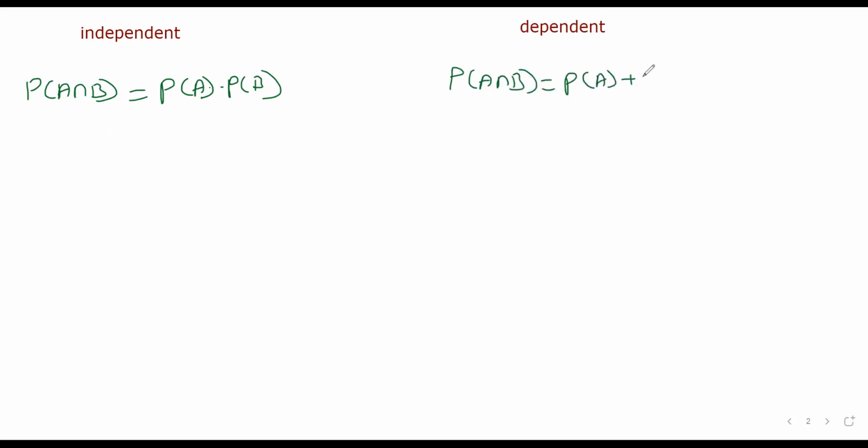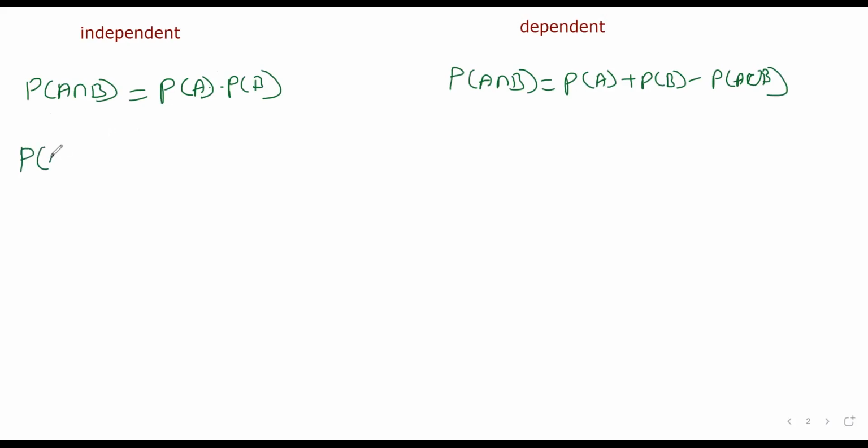Then probability of A intersection B in case of independence is probability A into probability of B. But in case of dependent, it is not so. It is P of A plus P of B minus P of A union B.